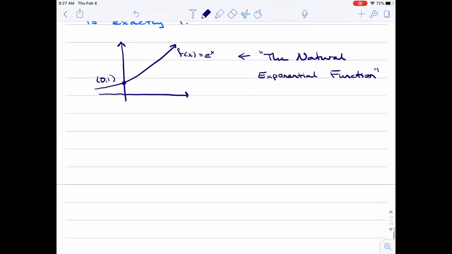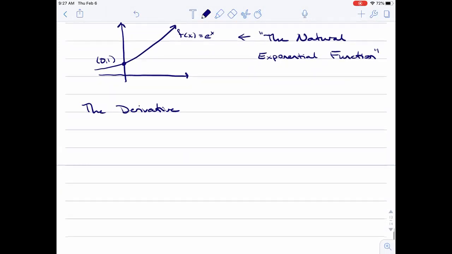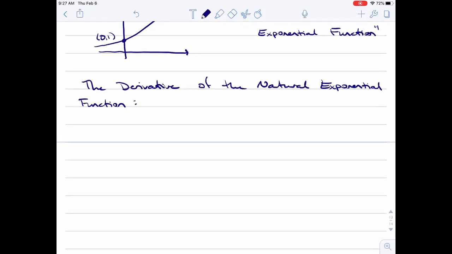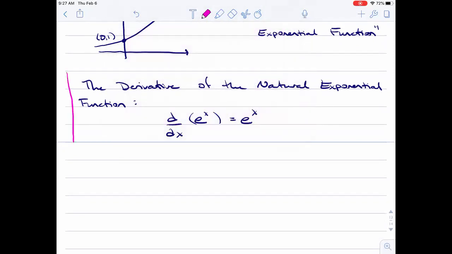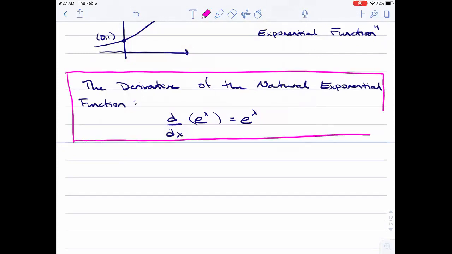And so here, the derivative of the natural exponential function is d/dx of e to the x is just e to the x, which is pretty cool. So no matter how many times you take the derivative of e to the x, you're just going to end up at e to the x.